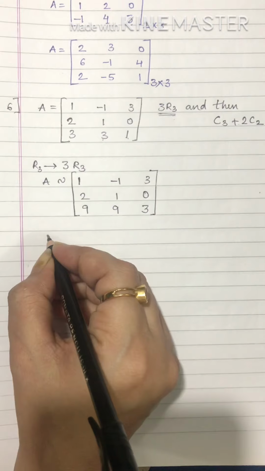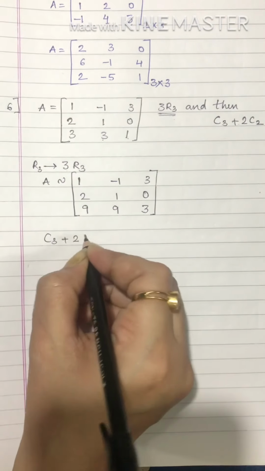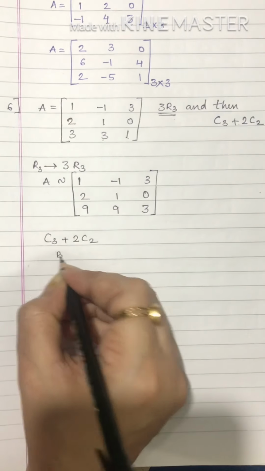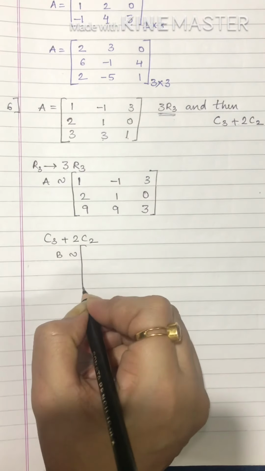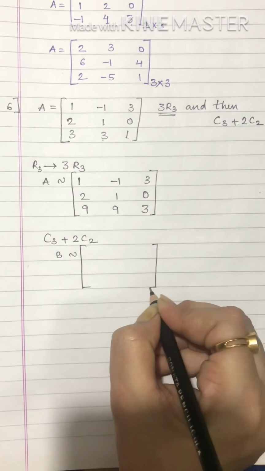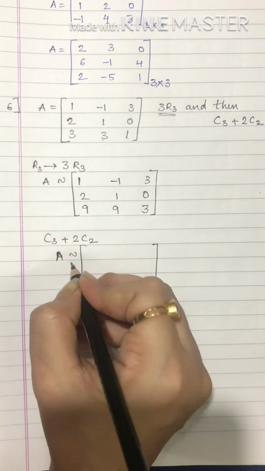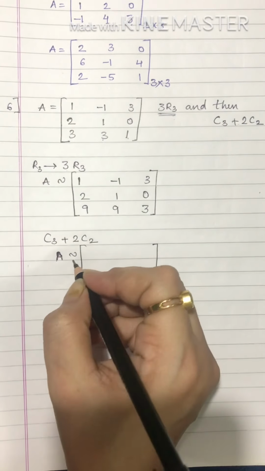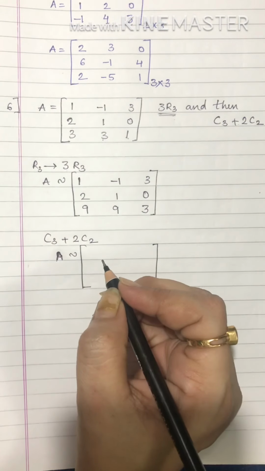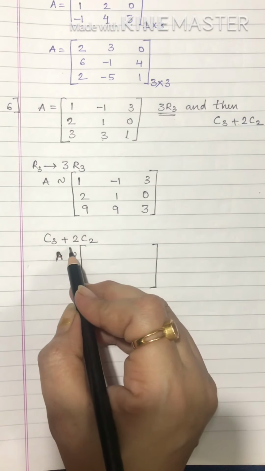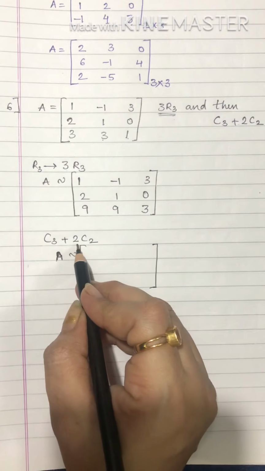Next one, the transformation is C3 plus 2 C2. So A again transforms as C3 plus 2 C2.